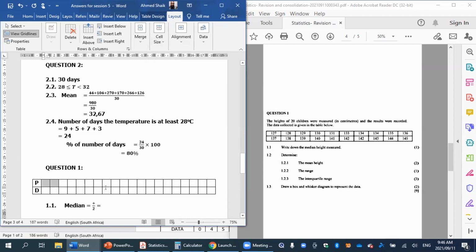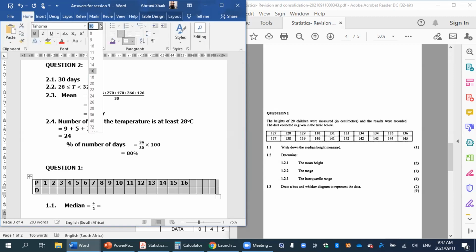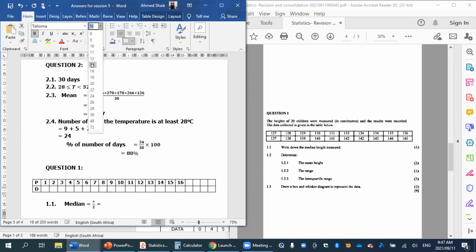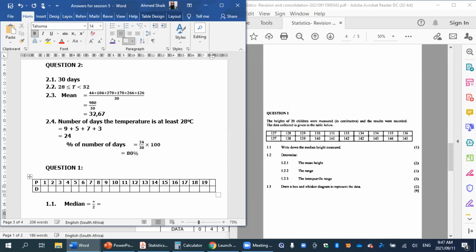Okay, let's enter the values. So we've got position 1, 2, 3, 4, 5, 6, 7, 8, 9, 10, 11, 12, 13, 14, 15, 16, 17, 18, 19, and 20. Okay, perfect. Let's enter the data values that we have.